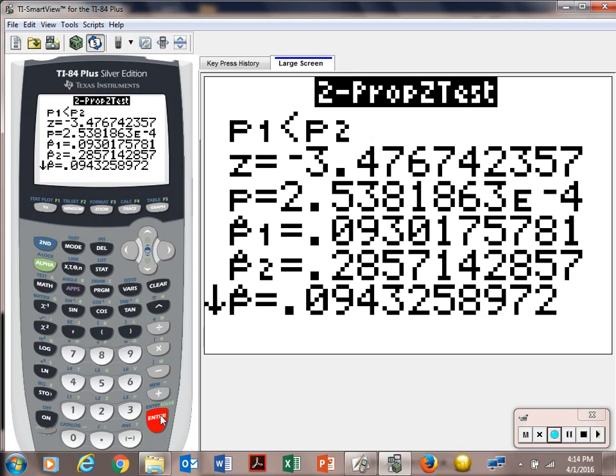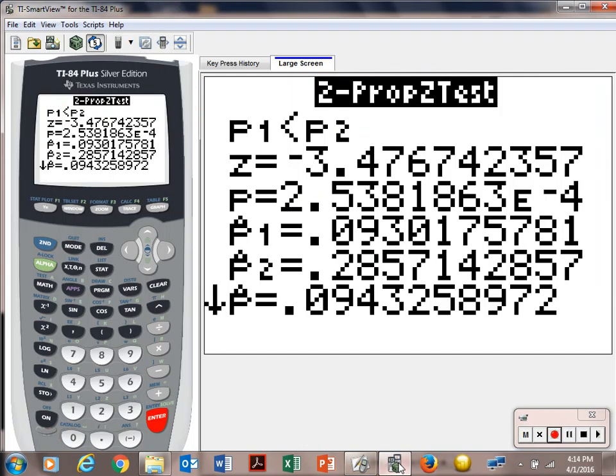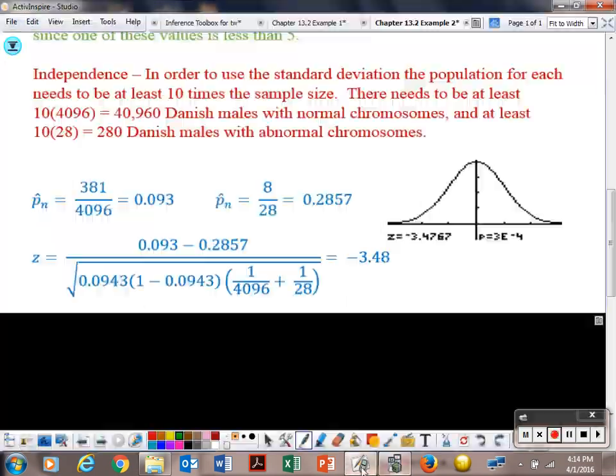Okay, much better. So you can see p hat sub 1 matches, 0.093. P hat sub 2, 0.2857. Plug your numbers into your z value. And again, don't forget, in this case, this is p hat n, this is p hat a, and this is your p hat combined.